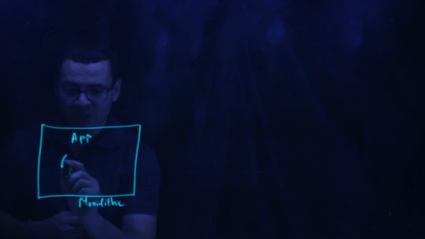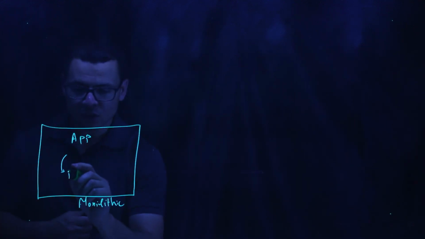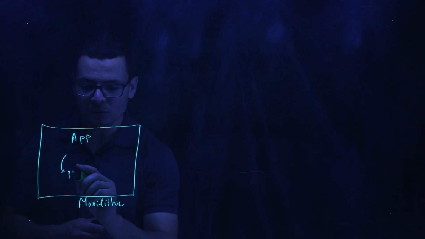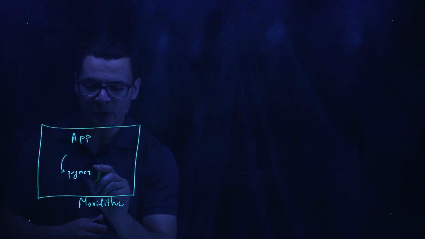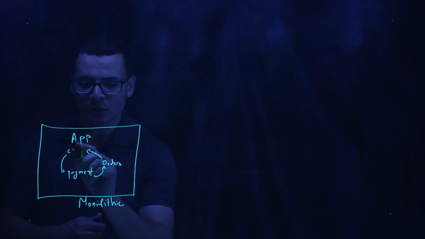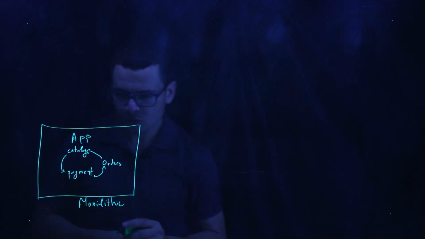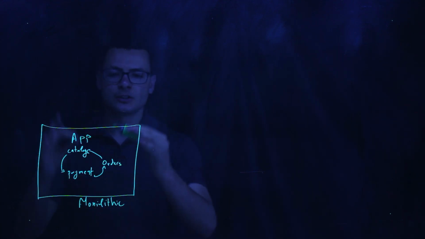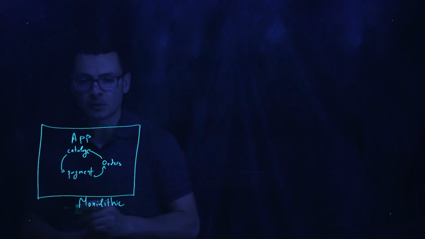All of them are implemented inside this app. So in terms of features, those are the payment, for example, the orders, the catalog, and so on. All of them live inside one application.